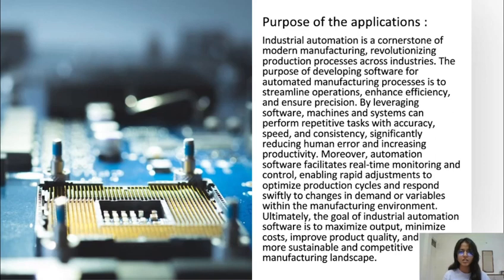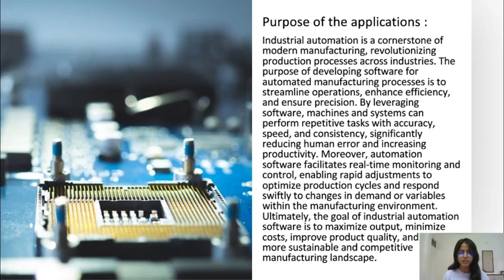Industrial automation is a cornerstone of modern manufacturing, revolutionizing production process across industries. The purpose of developing software for automated manufacturing process is to streamline operations, enhance efficiency, and ensure precision.